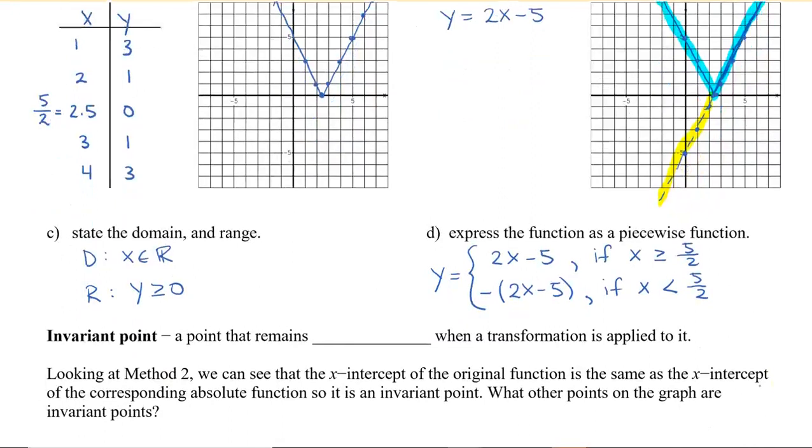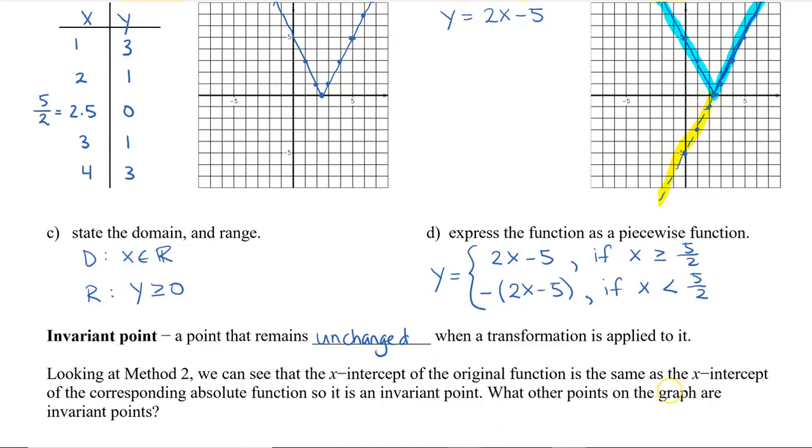All right, finally, the last thing I want to talk about is something called invariant points. That is a point that remains unchanged when a transformation is applied to it. The transformation here is our absolute value. So looking at method 2, we can see that the x-intercept of the original function is the same as the x-intercept of the new function, right? We had our line, and then we have the V. So that is unchanged.